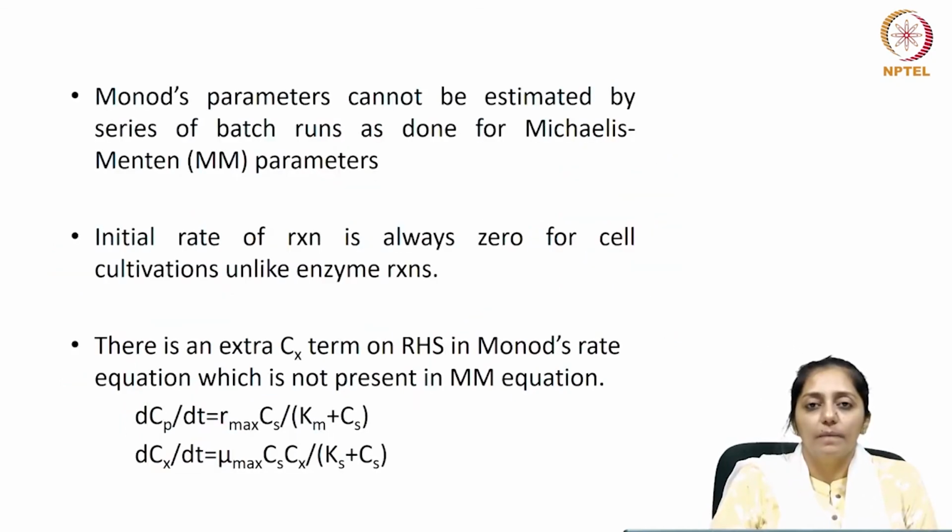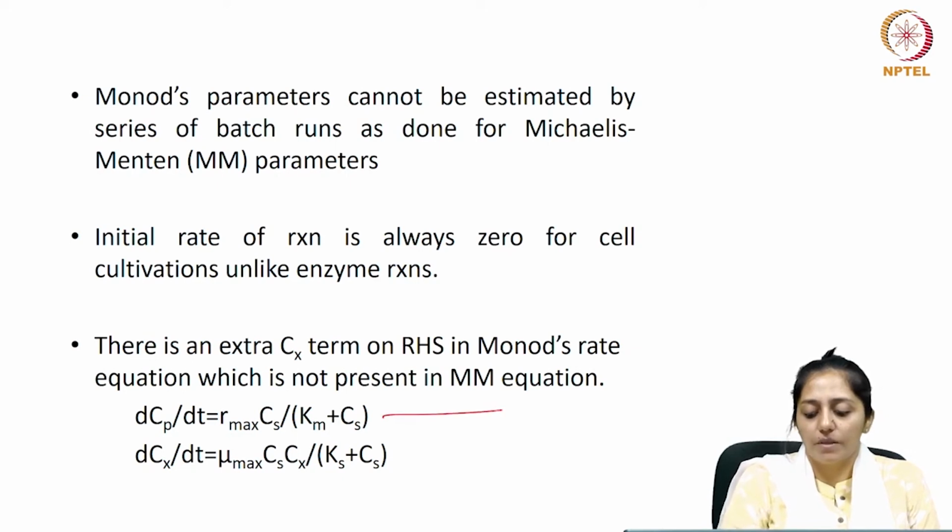The reason being, the initial rate of reaction is always zero for cell cultivations, unlike enzyme reactions. There is an extra Cx term on the RHS in Monod's rate equation, which is not present in the Michaelis-Menten equation.